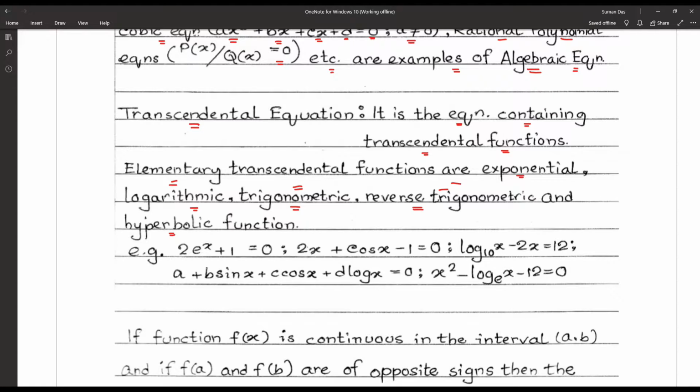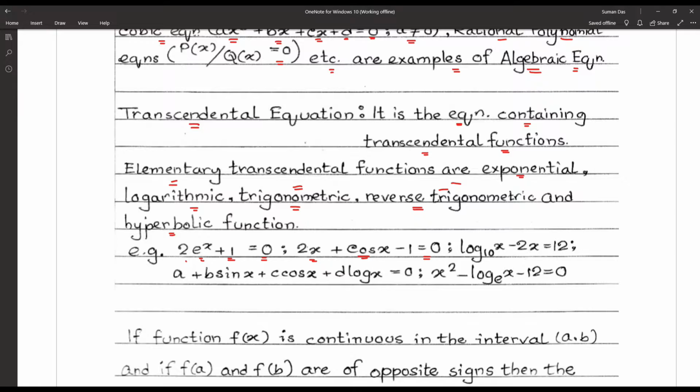Such as 2 e to the power x plus 1 is equal to 0 is a type of transcendental equation. 2x plus cos x minus 1 is equal to 0 is another example of a transcendental equation.